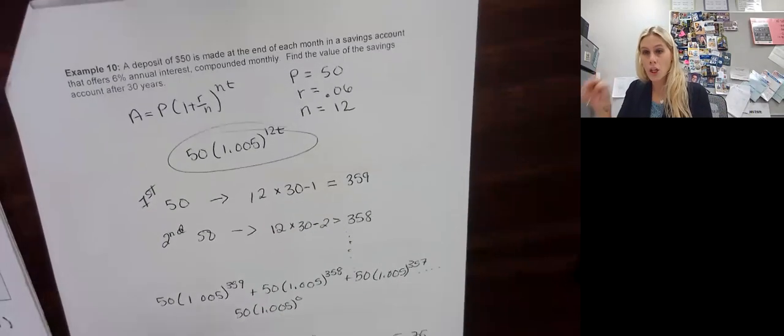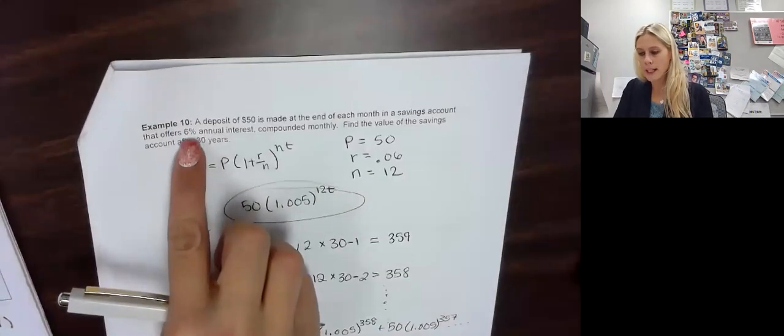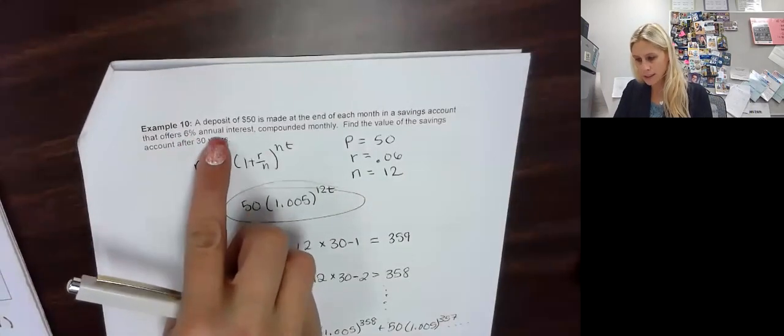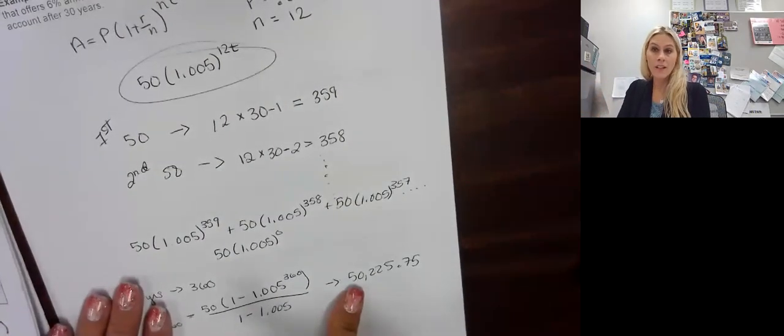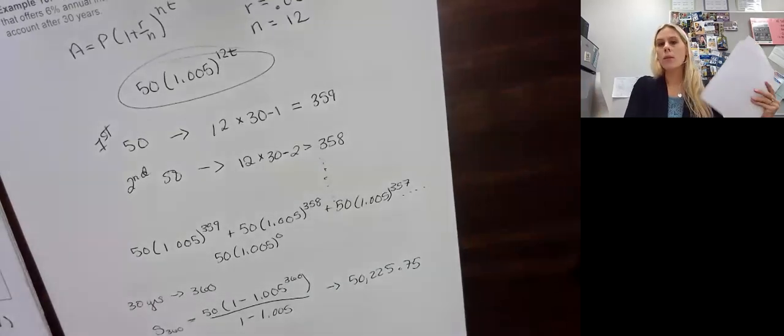Think of that, guys. So every month, if you deposit $50 for 30 years into an account that has a 6% annual interest, then you will make $50,000 in 30 years.